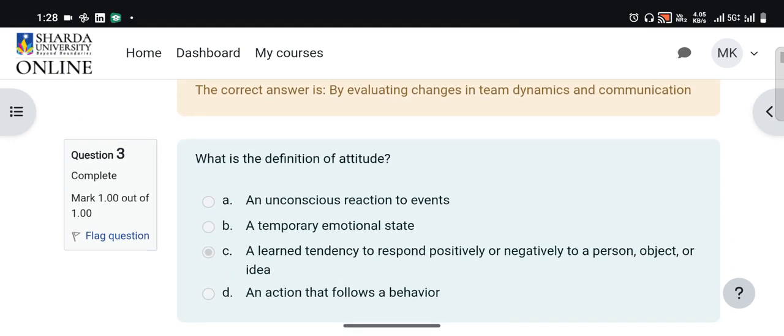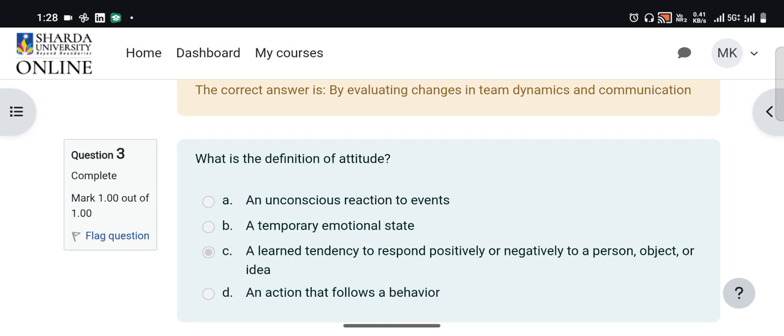Question number 3. What is the definition of attitude? Option A, an unconscious reaction to an event. Option B, a temporary emotional state. Option C, a learned tendency to respond positively or negatively to a person, object or idea.